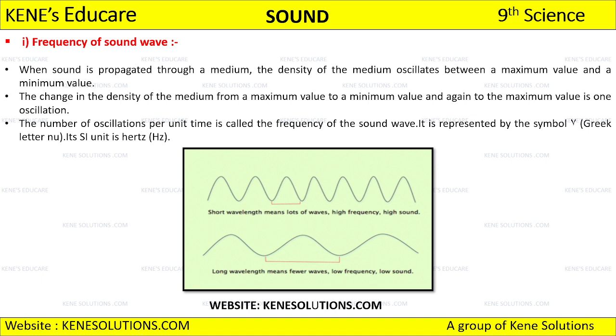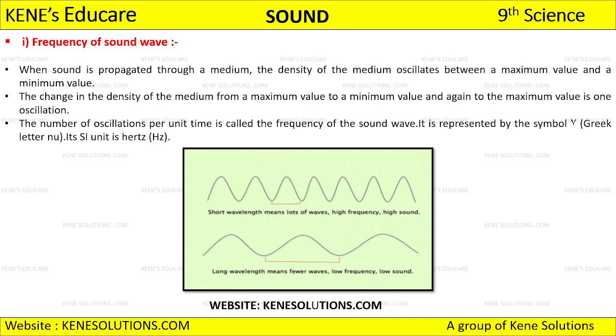First it will move from the maximum value to the minimum value, and after that it again goes back to the maximum value, and this keeps oscillating. So that is going to be a continuous process. Okay.